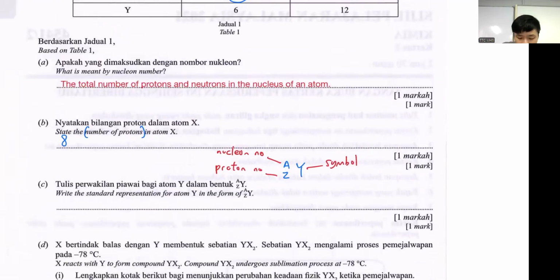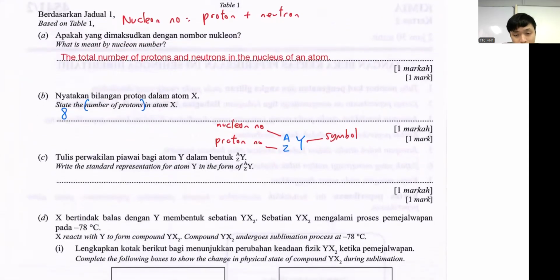And remember one thing, if you want to get nuclear number, it is the number of protons plus number of neutrons. Proton plus neutron.